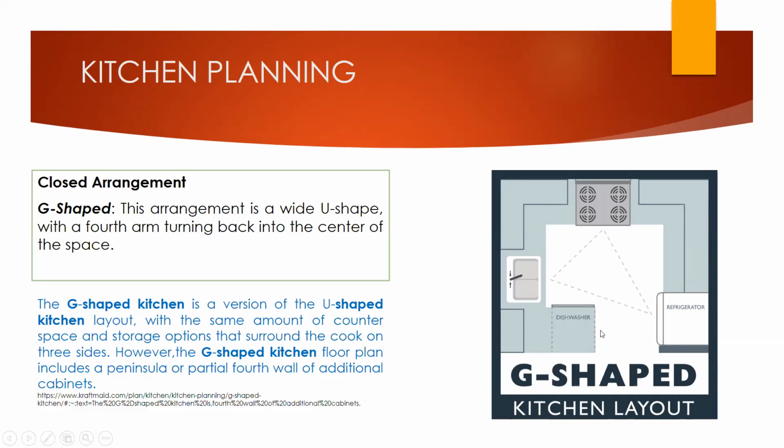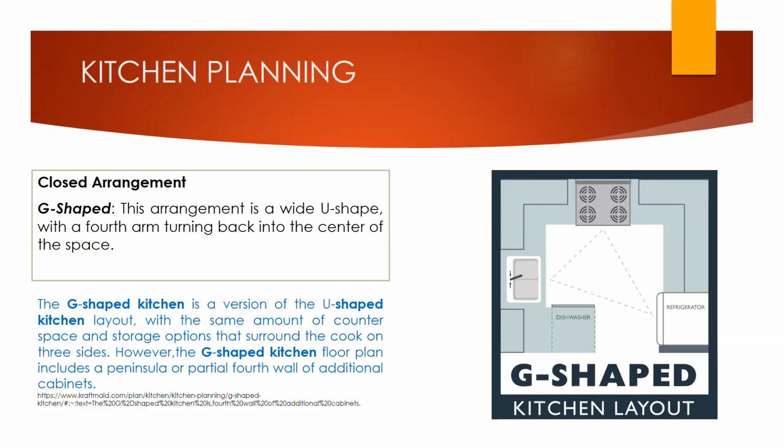So the G-shaped kitchen is a version of the U-shaped kitchen layout with the same amount of counter space and storage options that surround the cook on three sides. However, the G-shaped kitchen floor plan includes a peninsula, like this here, or a partial fourth wall of additional cabinets.